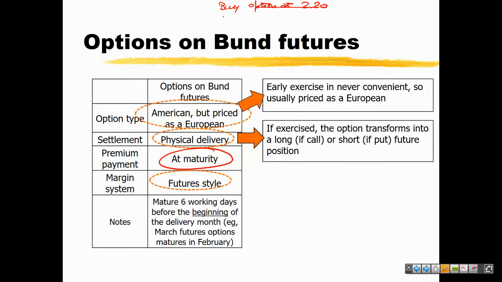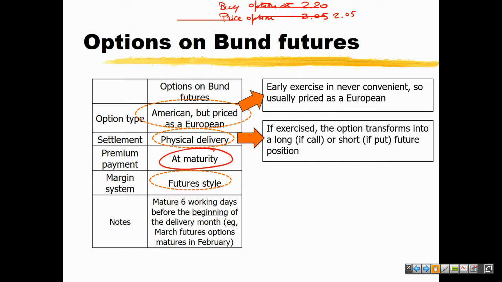If tomorrow the price of the option is 2.05, this implies that the option price has dropped. Who's making money here, the option buyer or the option seller? If the two negotiated the option at 2.20 and the day after the option trades below, the one who's making money is the seller, the one who's losing money is the buyer.